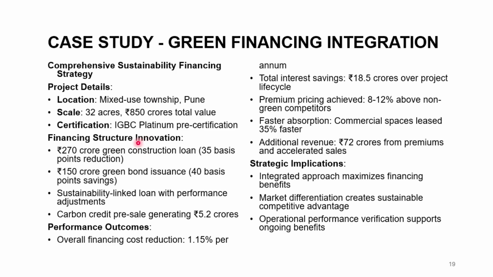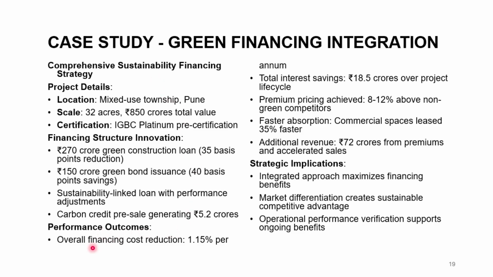And financing structure involves innovation is your 270 crore green construction loan at 35 basis point reduction, and 150 crore green bond issuance of 40 basis point saving, and sustainability linked loan with performance adjustments, and carbon credit pre-sale generating 5.2 crore. So these are the financing structures which will be utilized by this project.